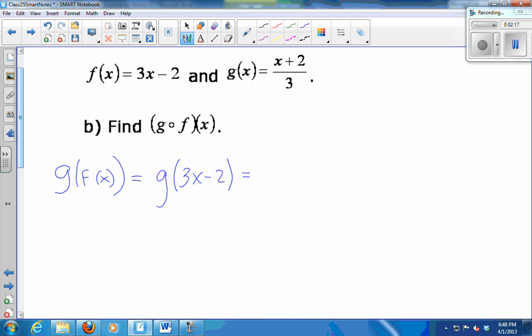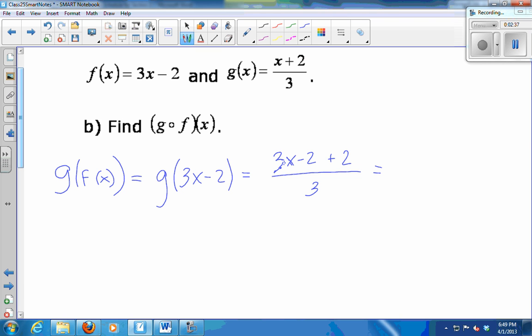And then g of 3x minus 2, so I want to plug 3x minus 2 into my g machine. So I'm going to replace all the x's in g with 3x minus 2's. So instead of x plus 2, it's going to be 3x minus 2 plus 2, and then all over 3.